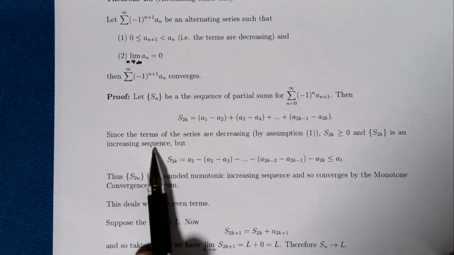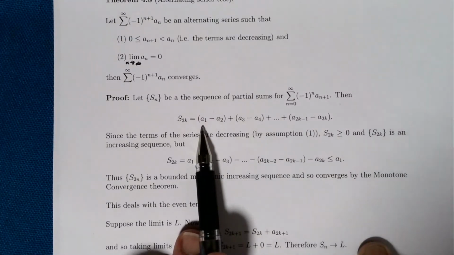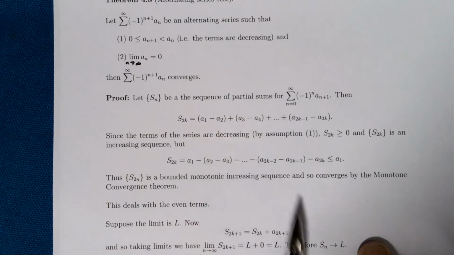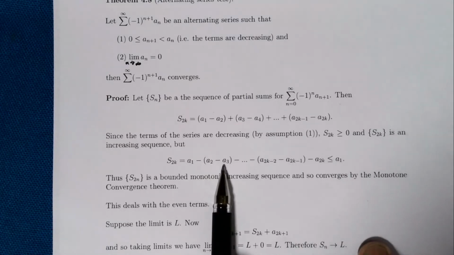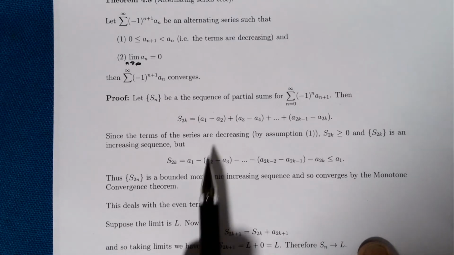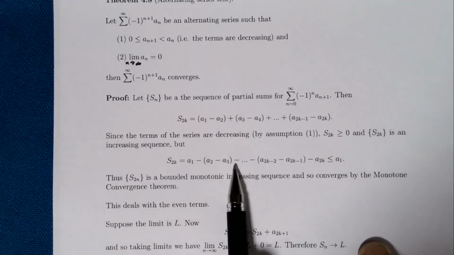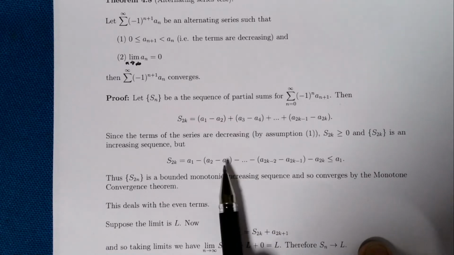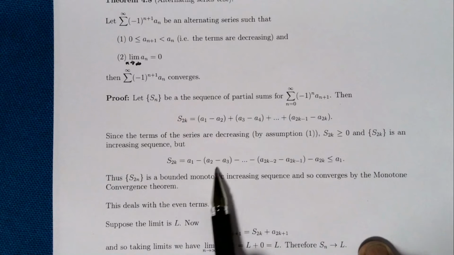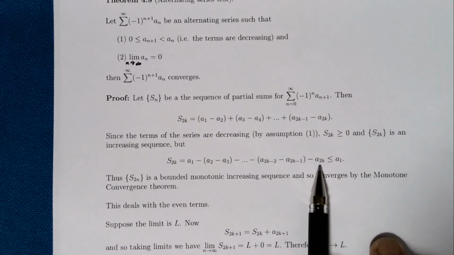On the other hand, going back to this sum here, I'm going to re-bracket things a bit. I'm going to move the brackets across. So I'm going to write this as a1 minus (a2 minus a3). Just take these brackets out, and you'll see you get back to here again. So I've got a1 minus something, and then I can say minus (a4 minus a5), and I'm going to get minuses in front of every bracket, and I'll get a minus a_{2k} at the end.